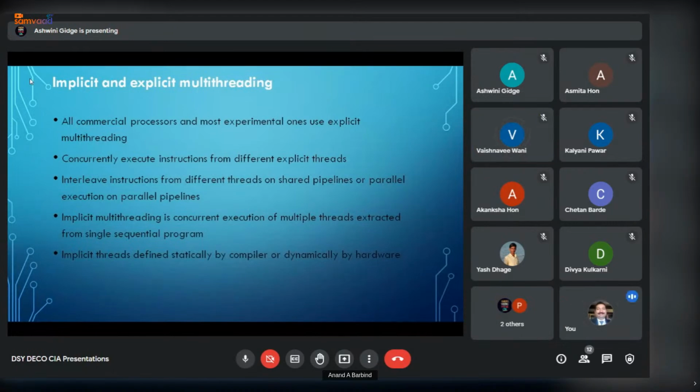Explicit and implicit. Implicit multithreading is a concurrent execution of multiple threads, we can say. So implicit.